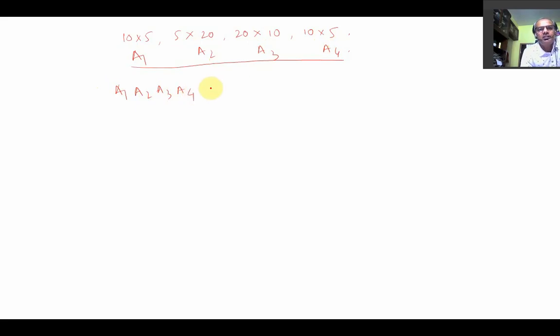As matrix multiplication is binary, in how many ways can it be done? You can do A1, A2 first, then A3, A4, and then multiply the results last.